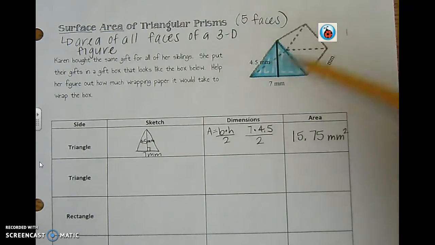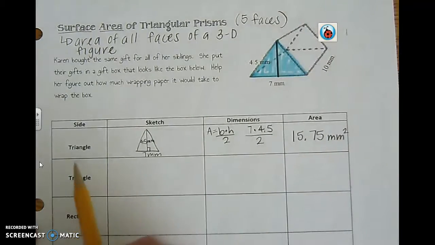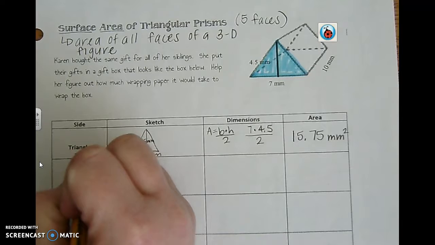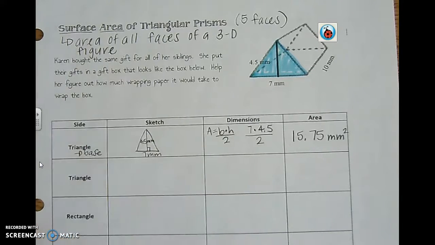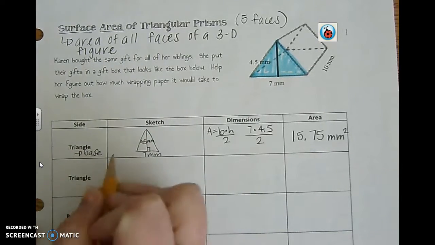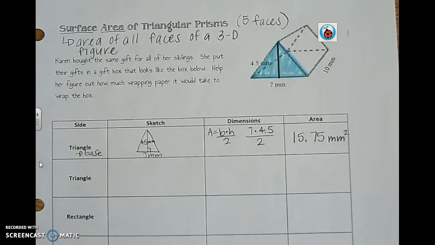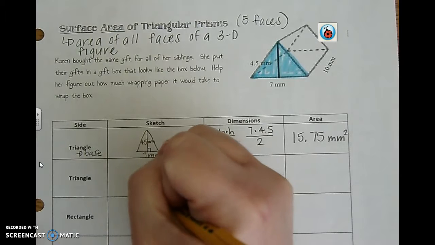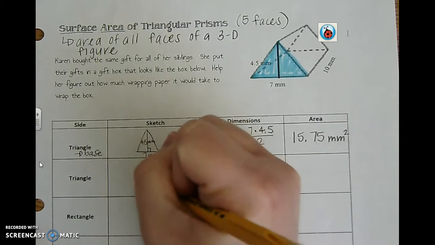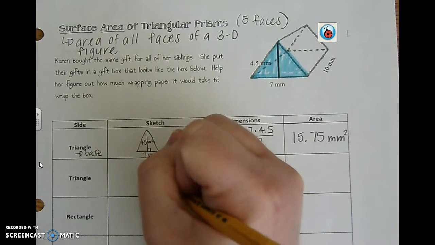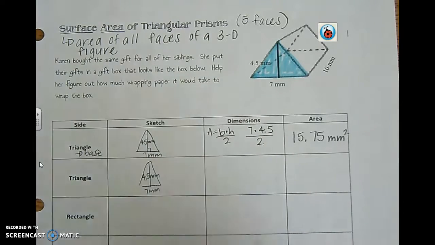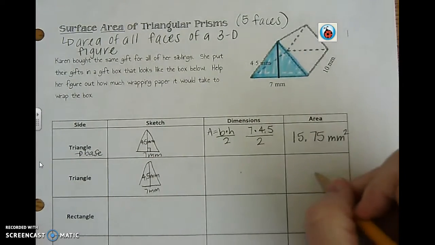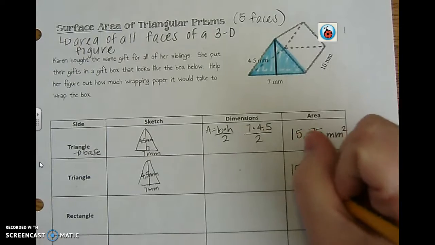The nice thing about triangular prisms is that since the triangle is our base, I know the other triangle is going to be congruent. So my sketch for the other triangle should be exactly the same, which means my dimensions are the same, which means my area is the same.